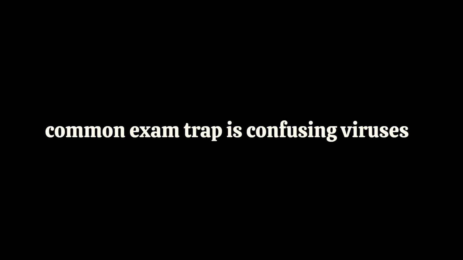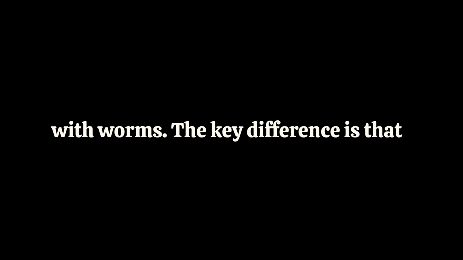A common exam trap is confusing viruses with worms. The key difference is that viruses require user action, while worms spread automatically. Now let's move into worms, because this distinction is heavily tested. If the question describes malware that spreads automatically across networks without user interaction, you are dealing with a worm.